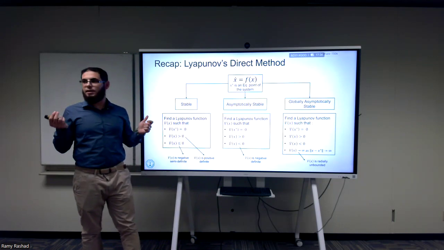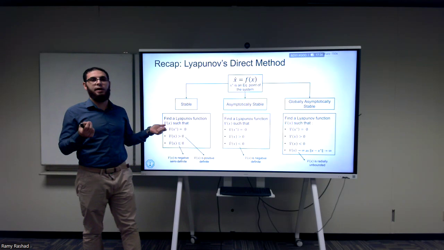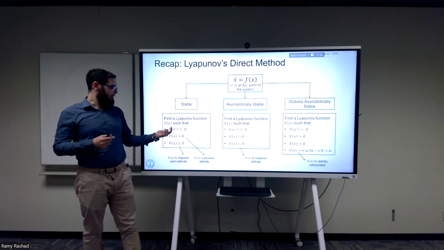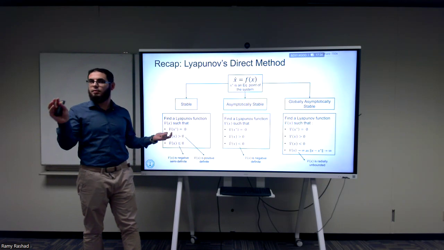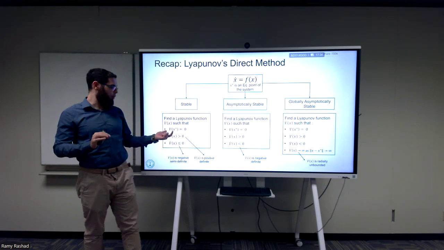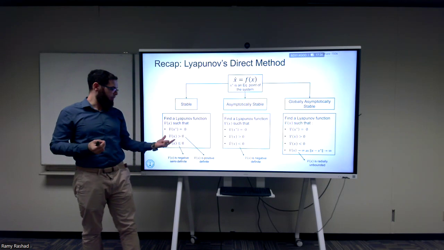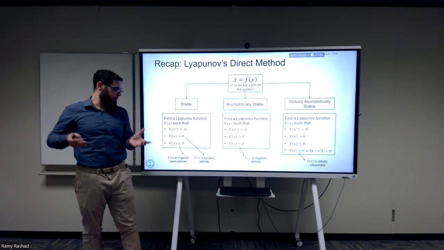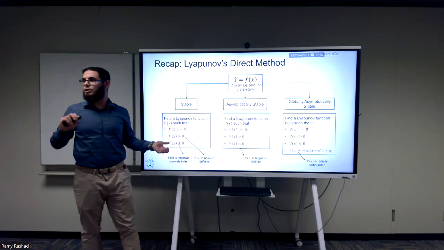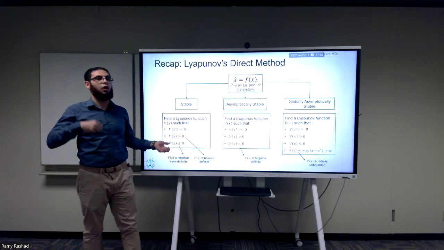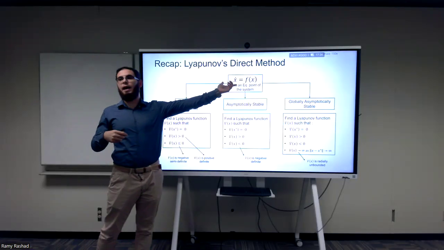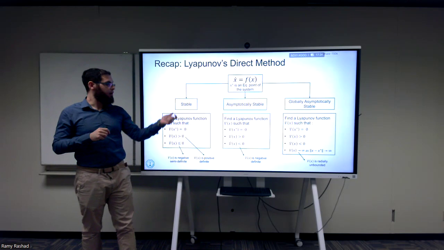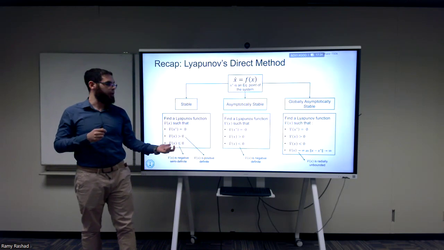If you can find, and this is how the theorem states, such a function, which is called the Lyapunov function, that has zero at the equilibrium point, so the value is equal to zero, and everywhere around this equilibrium point it's increasing, and also the rate of change of this function, which is the v dot, along the trajectories of the system, so along x dot is equal to f of x, you can show that it's negative semi-definite, then you can guarantee stability of the equilibrium point.